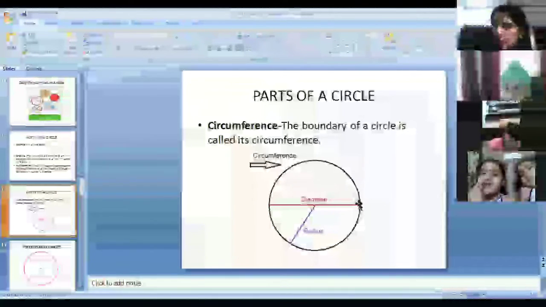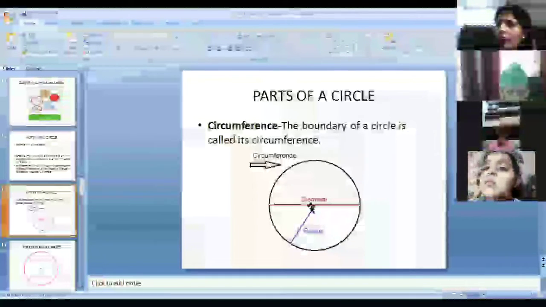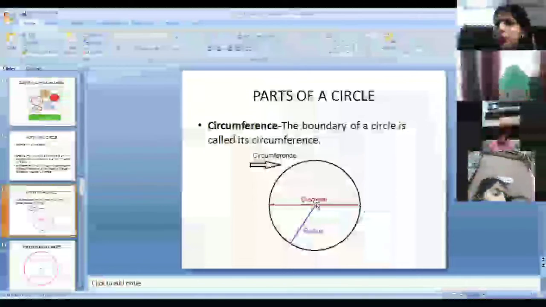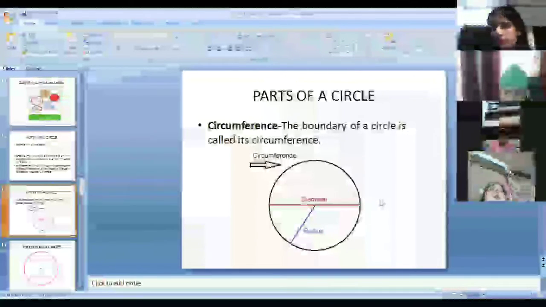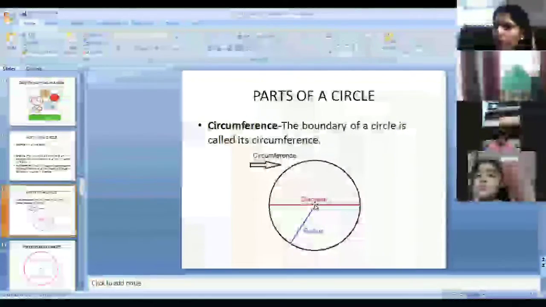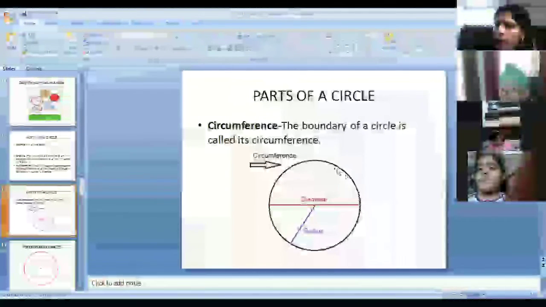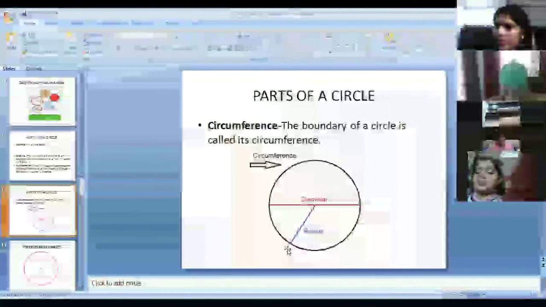I'm again explaining to you, children. The line joining the two endpoints on the circumference of the circle passing through the center is called the diameter of the given circle. Whereas the line joining the center of the circle to any point on the circumference is called the radius.